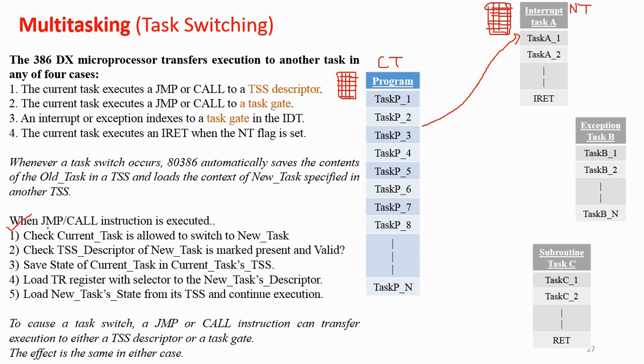Whenever jump or call instructions get executed, firstly the microprocessor checks whether the current task is allowed to switch to the new task or not. So firstly, the privilege level will be checked. If yes, then in the second step, the microprocessor checks whether the TSS descriptor of the new task is marked present and is valid. A TSS descriptor basically describes the TSS.